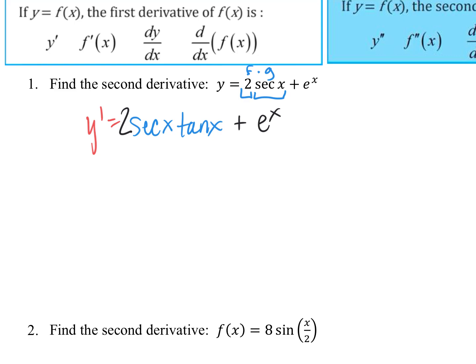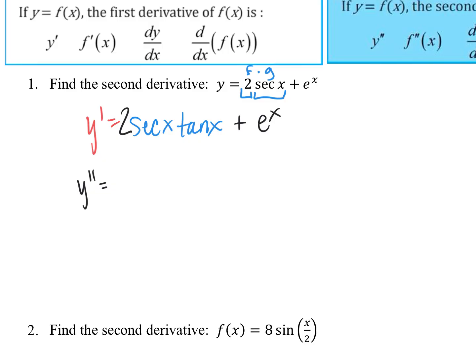We did do the first derivative. Now we got to go find the second derivative, which we might just write as y double prime. Okay. Here we have 2 secant of x tangent of x. What rule to take the derivative of that? Product rule again, right?